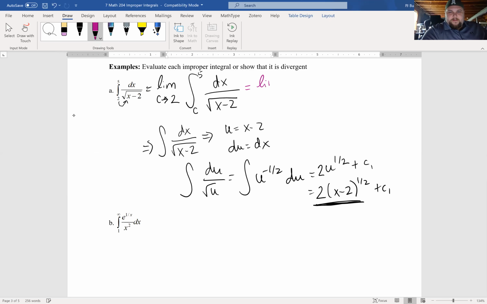So I have the limit as c approaches 2 of 2 times x minus 2 to the 1/2 evaluated from c to 5.